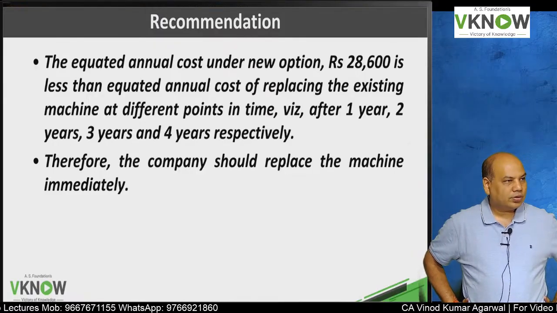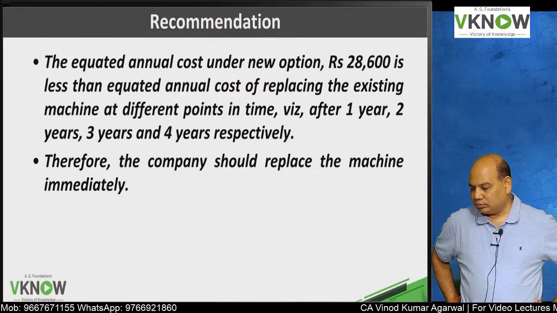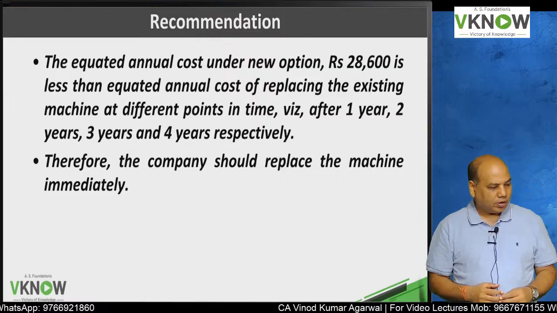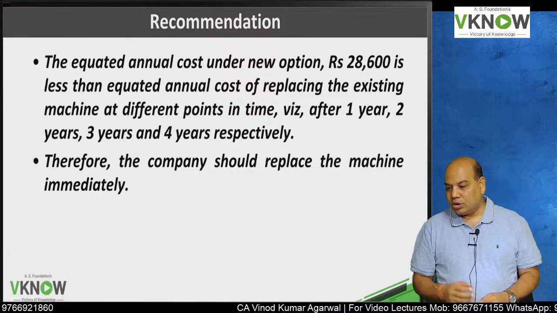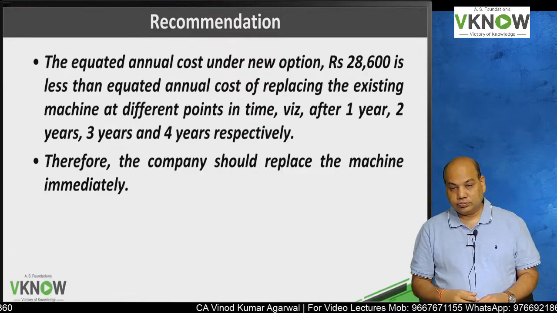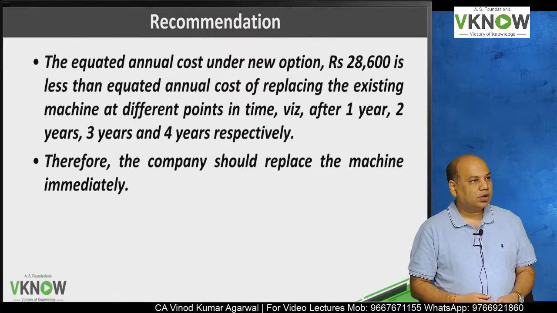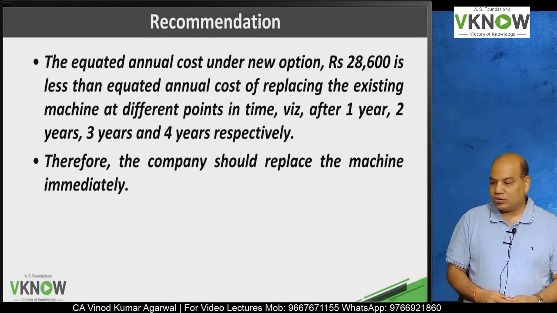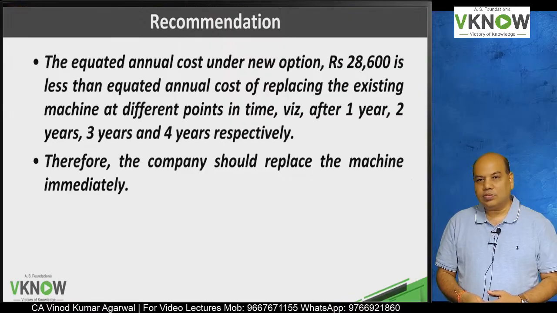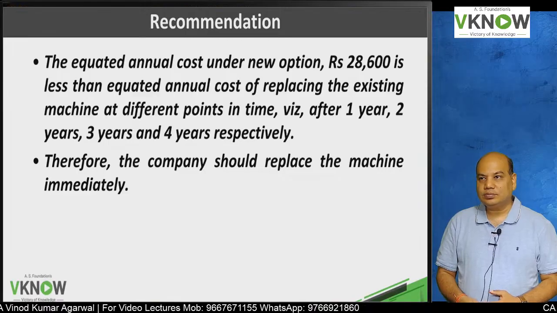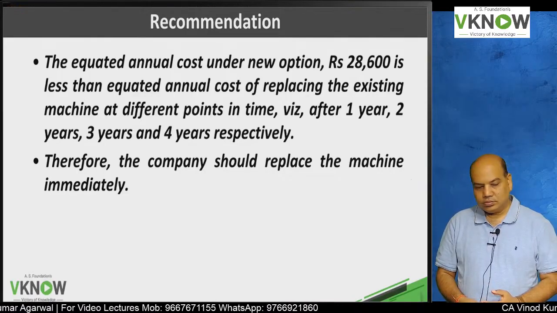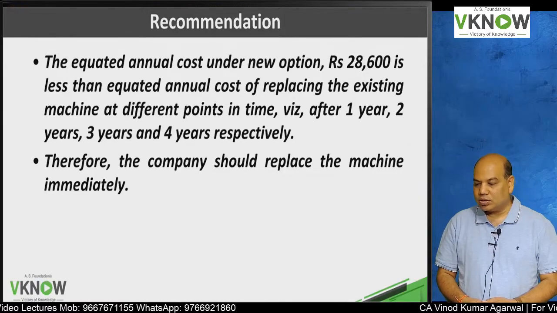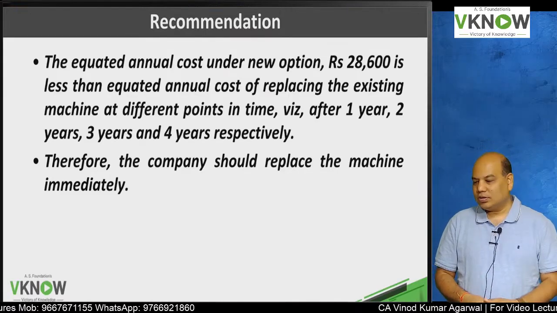The equivalent annualized cost under the new option is rupees 28,600, which is lower than the equivalent annualized cost of replacing the existing machine at different points in time, namely after 1 year, 2 years, 3 years and 4 years respectively.